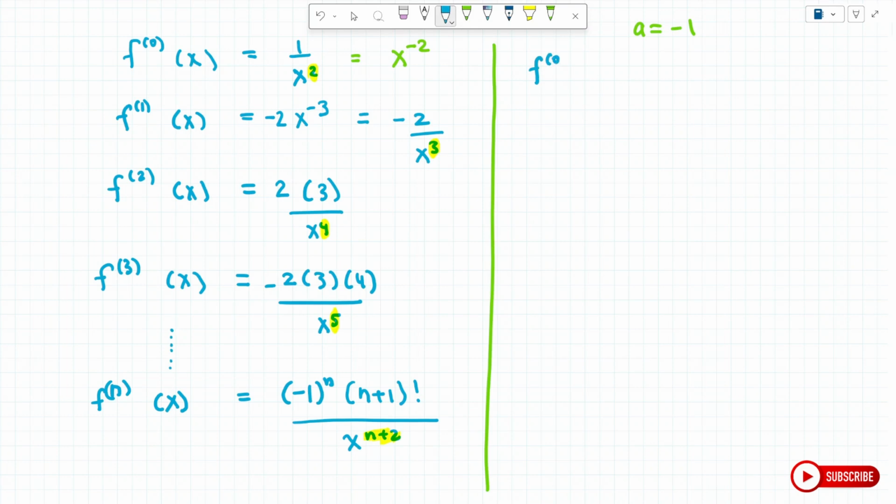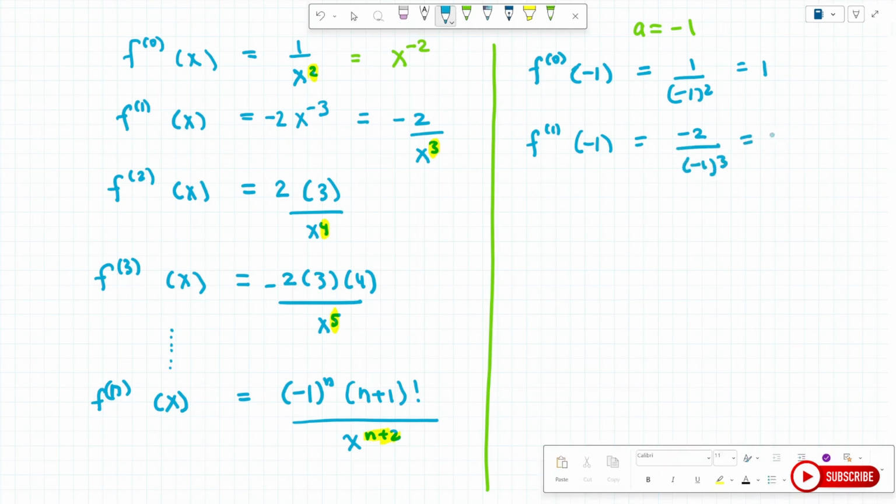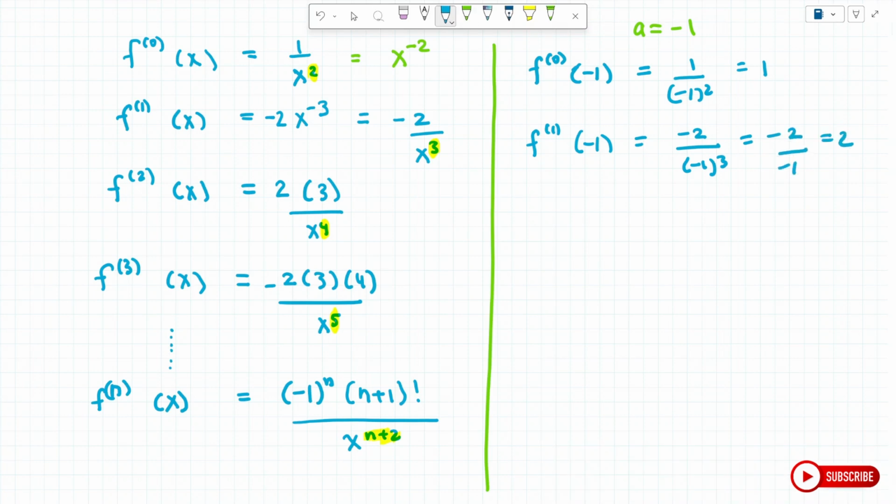Starting with our function at negative 1, it is simply 1 over negative 1 all squared, which gives us 1. Then for our first derivative at negative 1, that gives us negative 2 over negative 1 cubed, which is going to give us positive 2, because we end up with negative 2 over negative 1, which is positive 2.